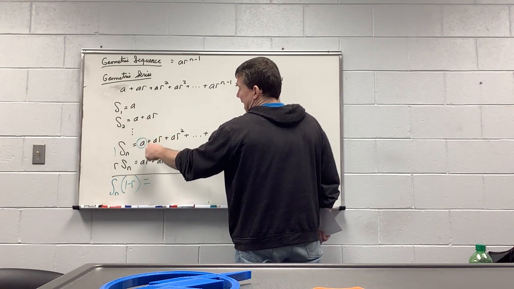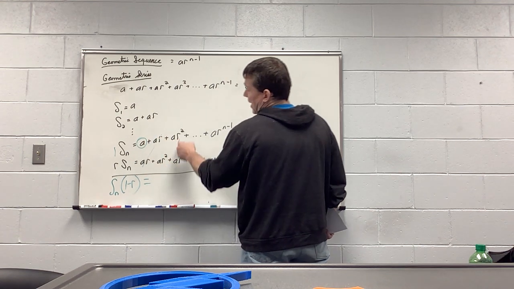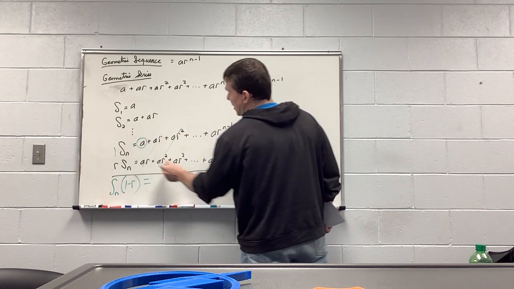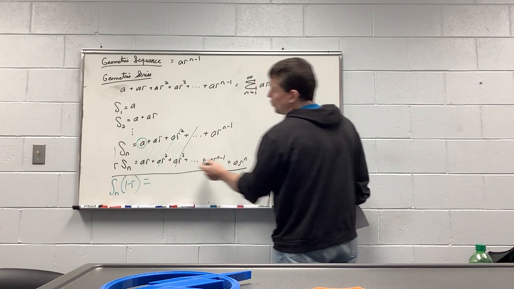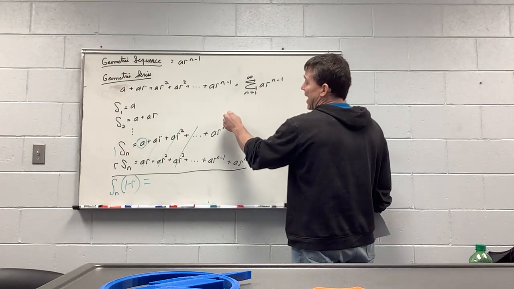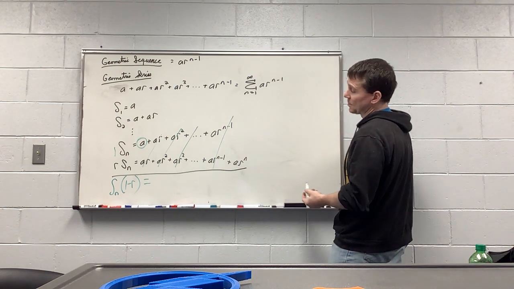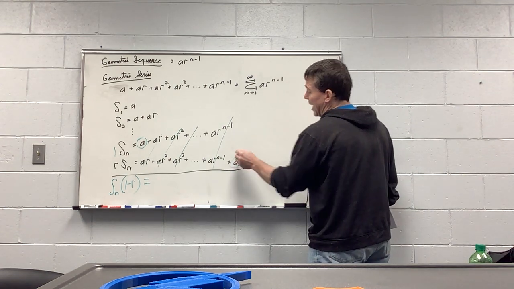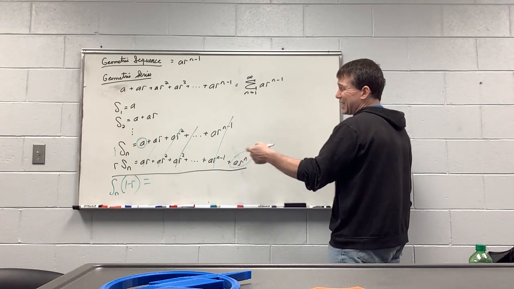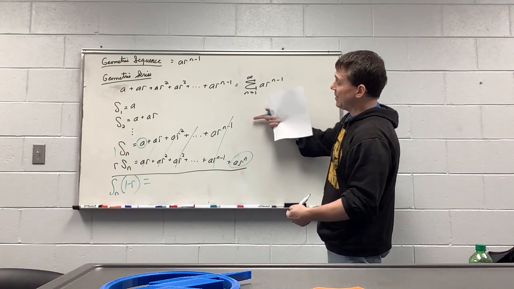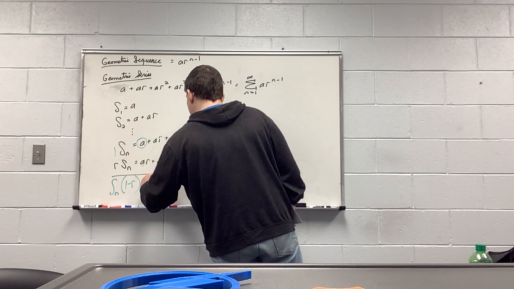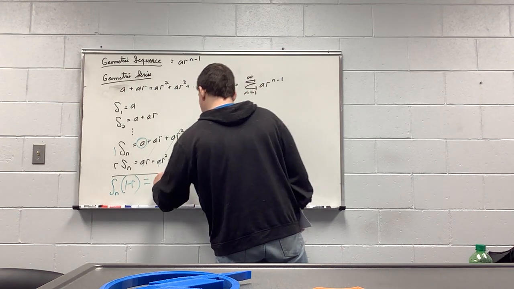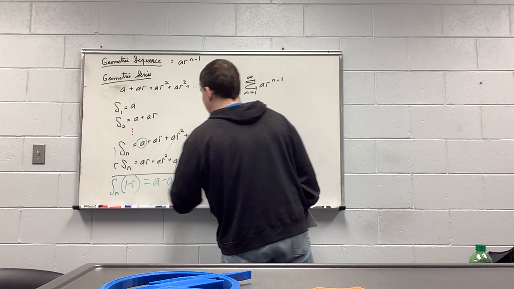But now, ar minus ar cancels, ar squared minus ar squared cancels. Clearly the next term here will be ar cubed, which will cancel there. ar to the n minus 1 will get canceled by that. But then there's no ar to the n term down here, so that's going to stick around. And keep in mind, we're doing top minus bottom. So all that's left is a minus ar to the n.